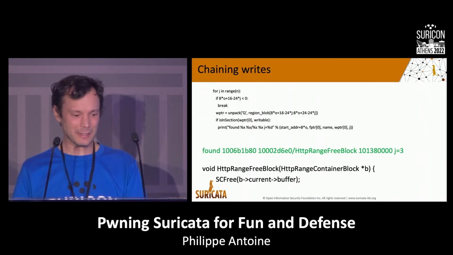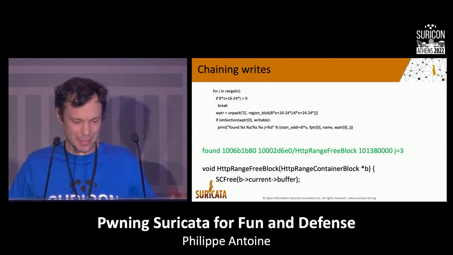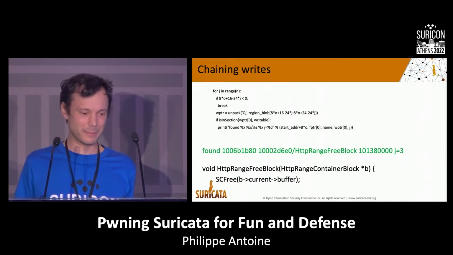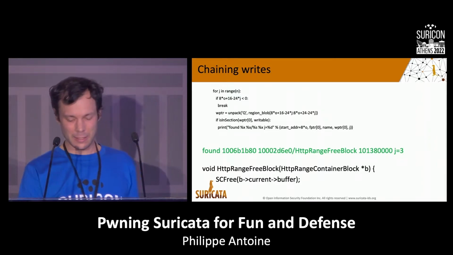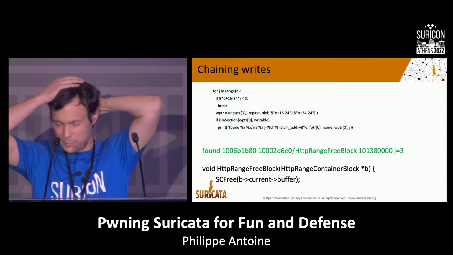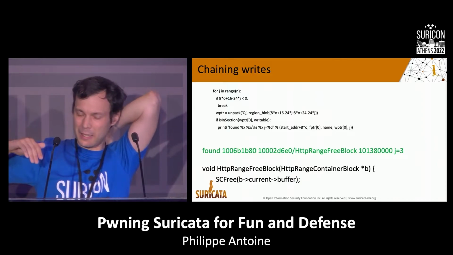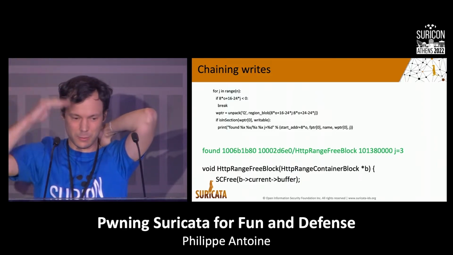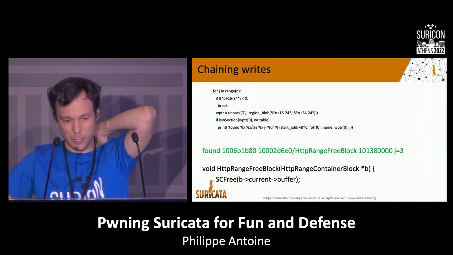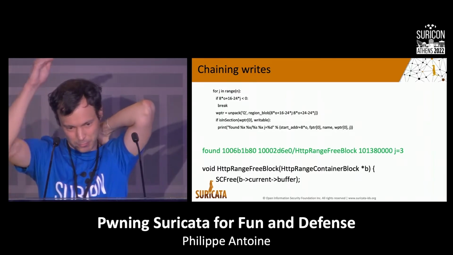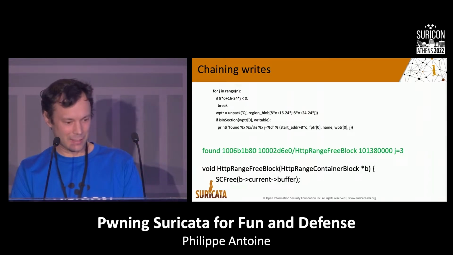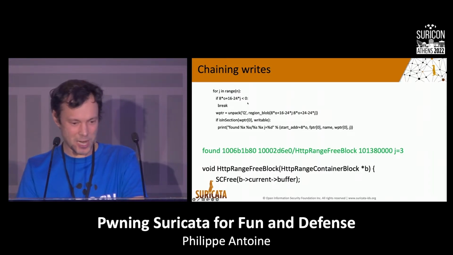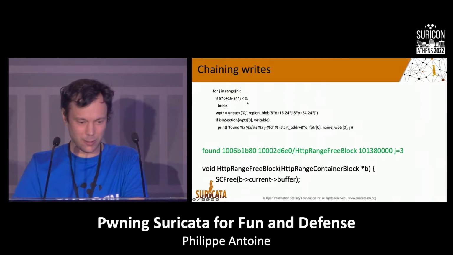But then I found out a solution, which is to chain writes, because in the end, I need to overwrite a function pointer, but I can get to it in multiple steps. So I added a loop in my LLDB scripting, and it found another interesting occurrence of HTTP range free block.